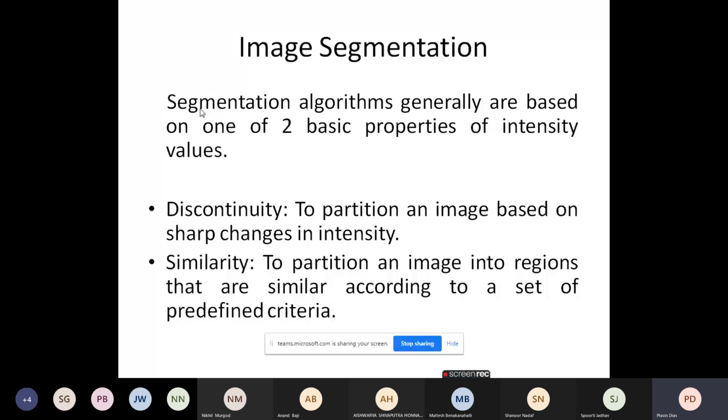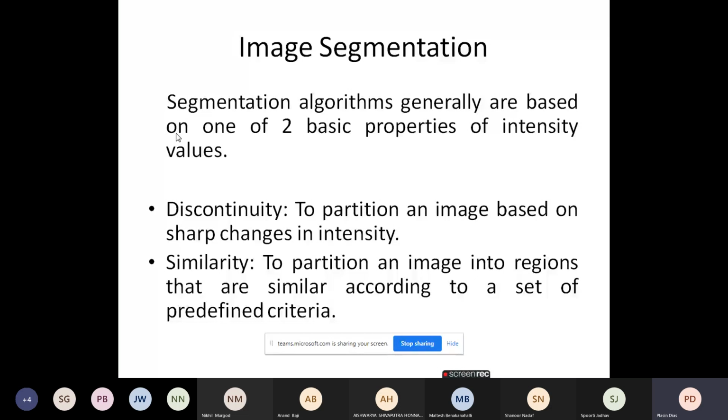When we consider similarity, that is to partition an image into regions, we had seen several examples. If you remember, in some examples there were animals, cat and dog, and some persons moving, 5 to 6 persons combined in one picture. Later on they were separated with those edge-based and region-based segmentation methods.